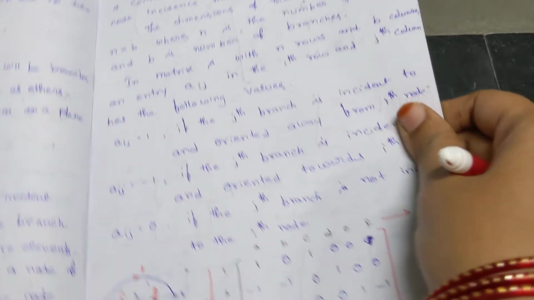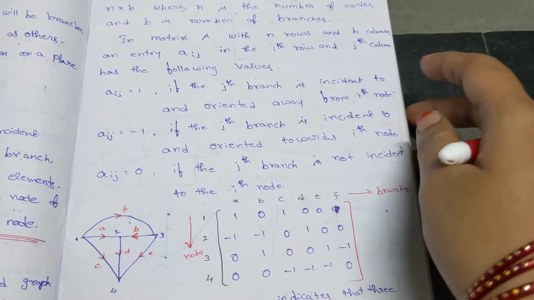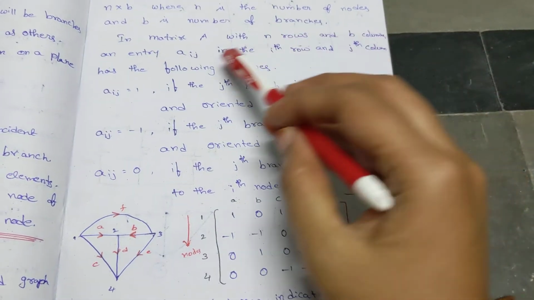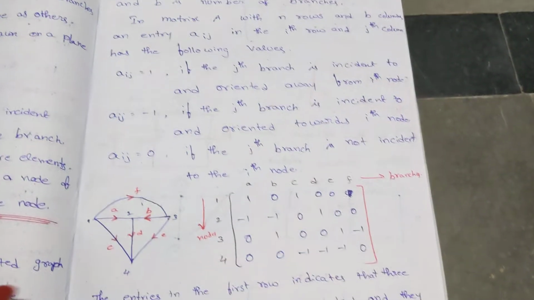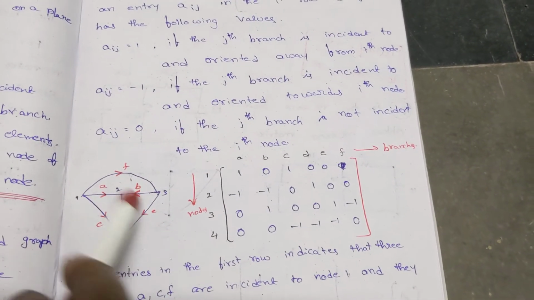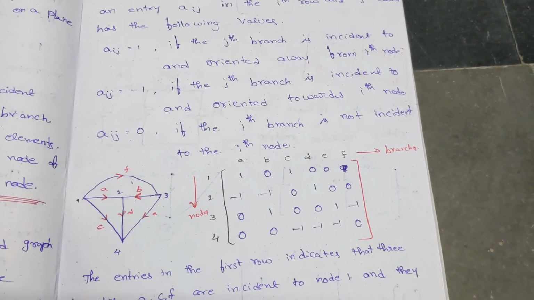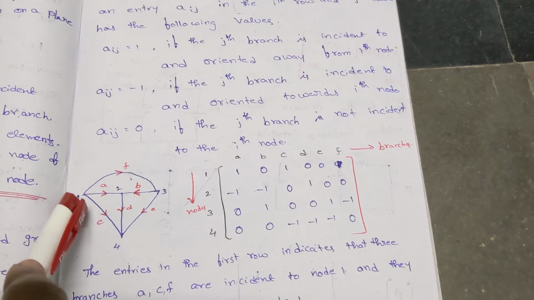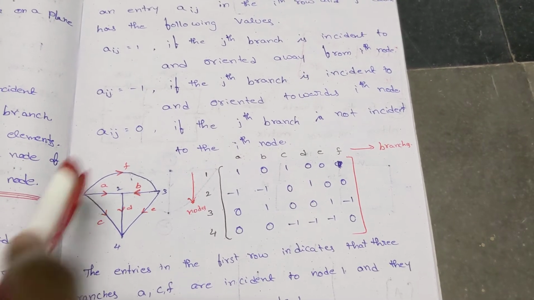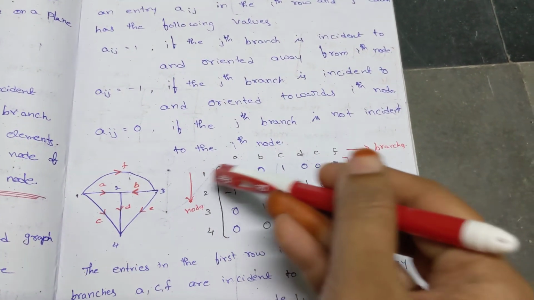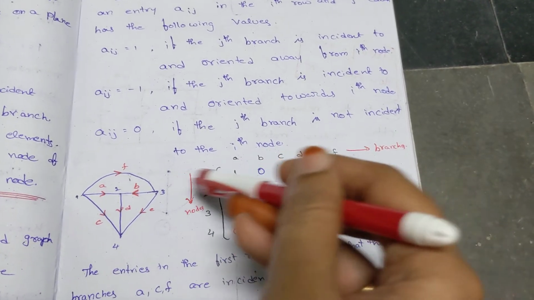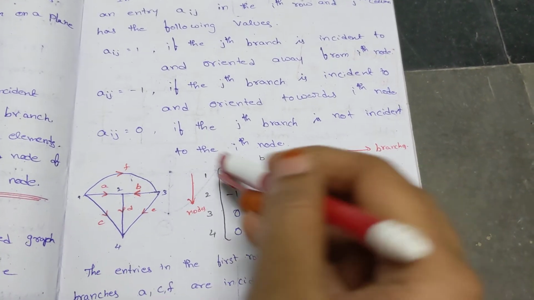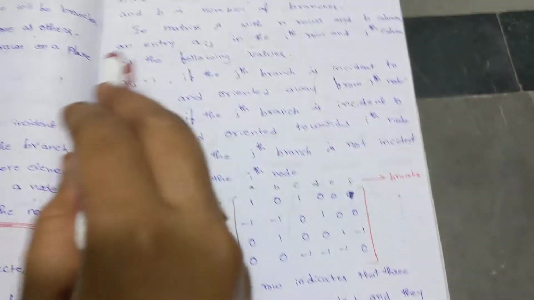So how are we going to write that element? Please observe this figure. First of all, I am considering node 1 row-wise.